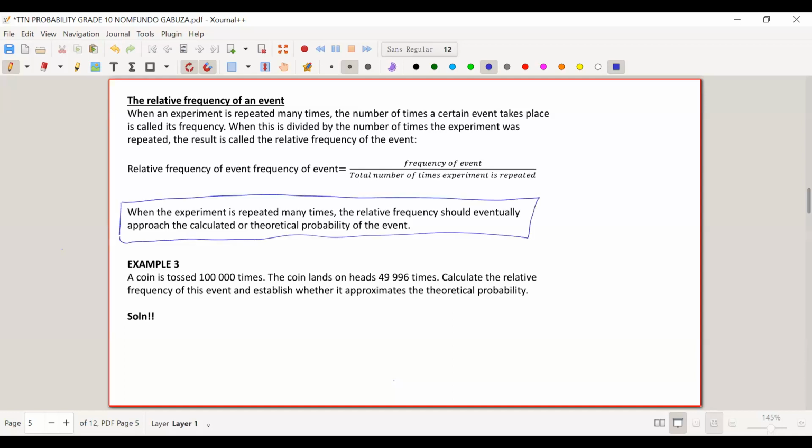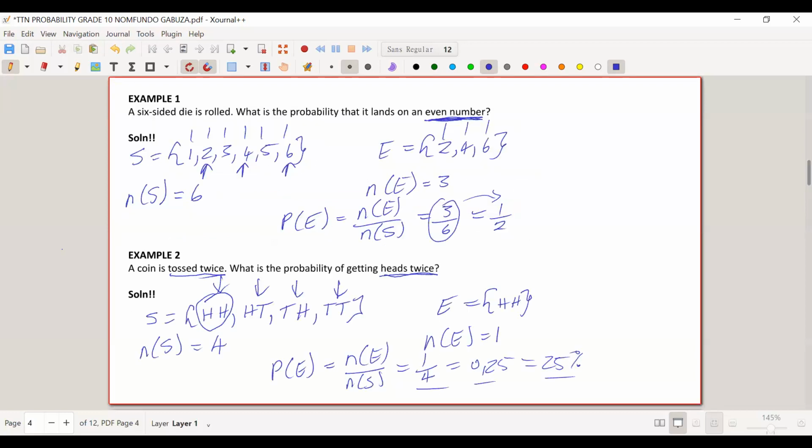When the experiment is repeated many times, the relative frequency should eventually approach the calculated or the theoretical probability. What is the theoretical probability? The theoretical probability is the probability that we calculate. The theoretical probability over here is 1/4.